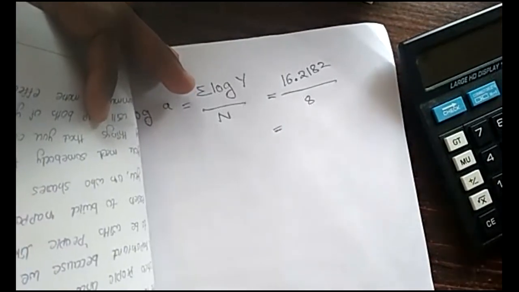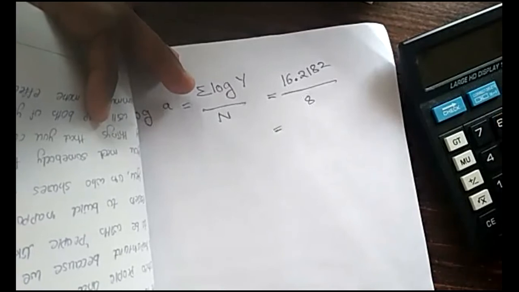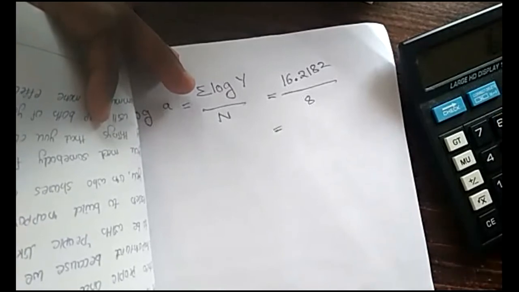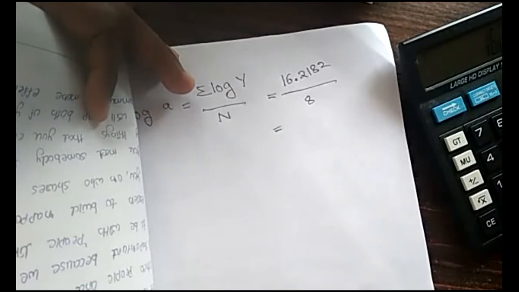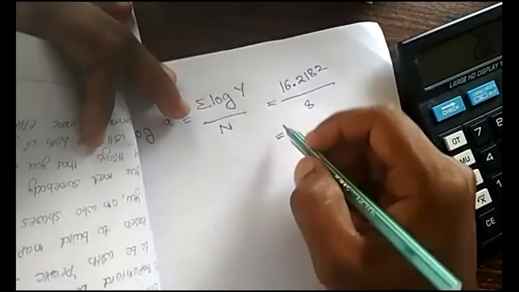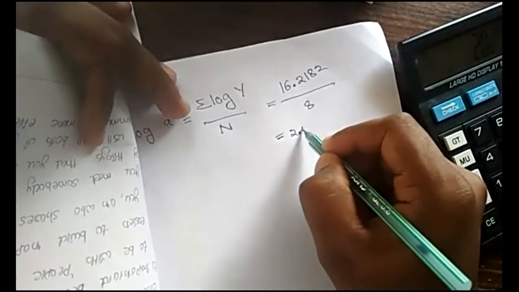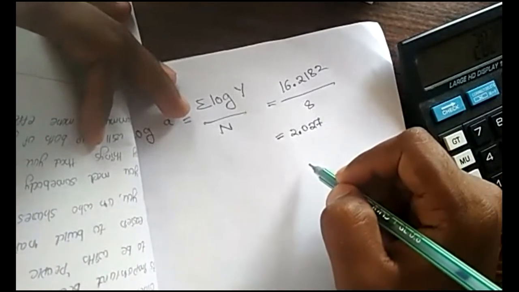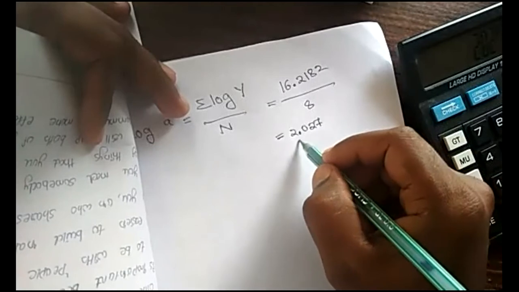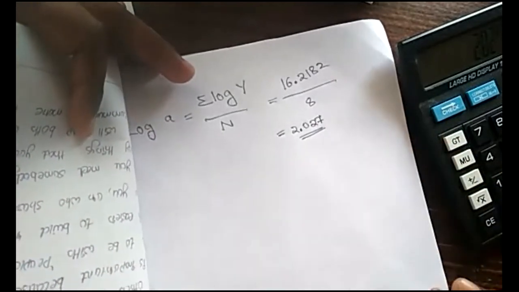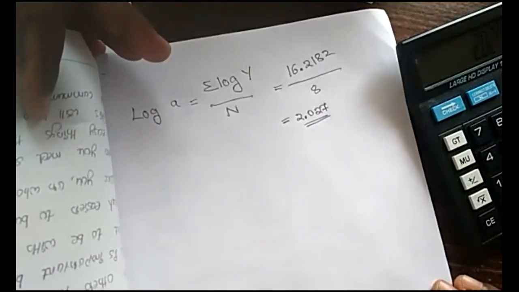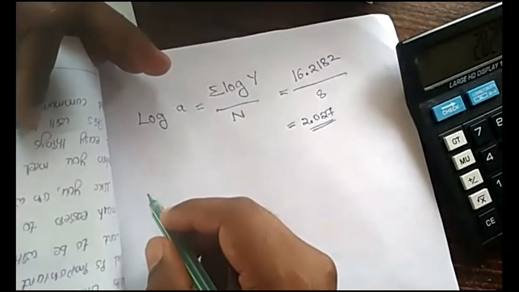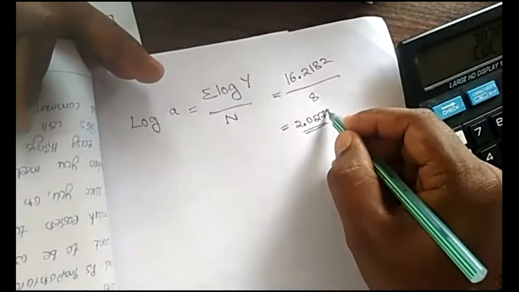So 16.2182 divided by 8. So the answer will be 2.027, log A, 2.0272, you can take 2.0272.